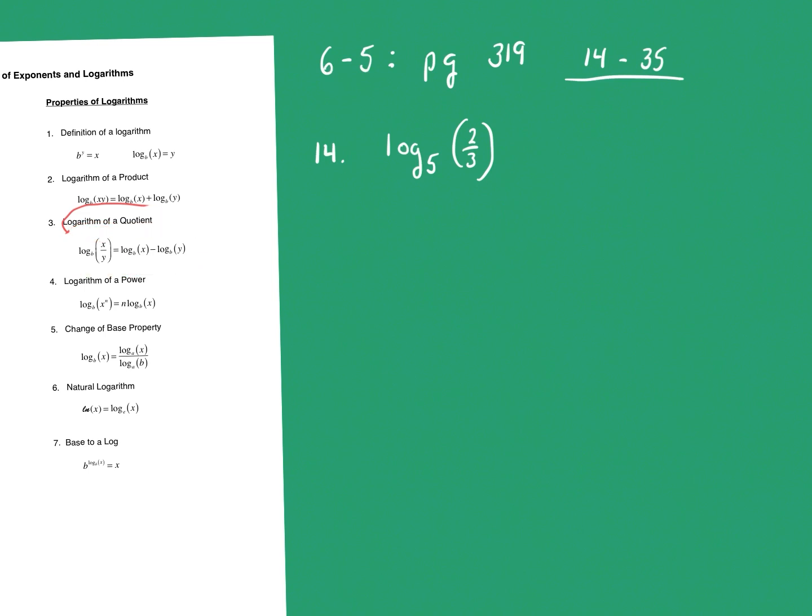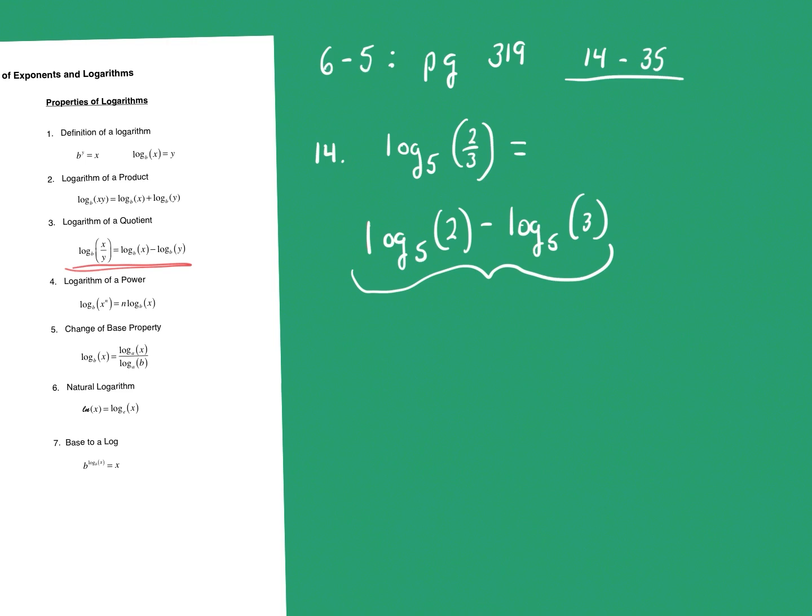We're just going to use that to expand this logarithm here. If we just follow the pattern, that red is really obnoxious. Let's go log 5 of 2 minus log 5 of 3. So these two things are equal.